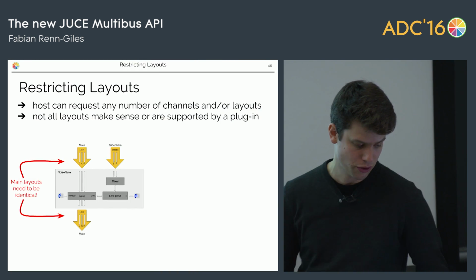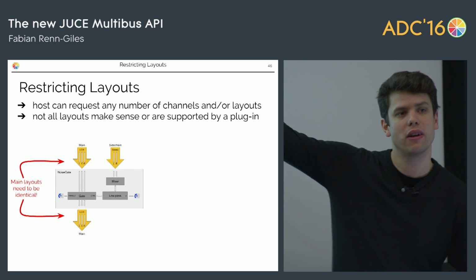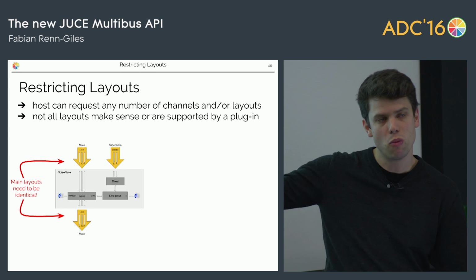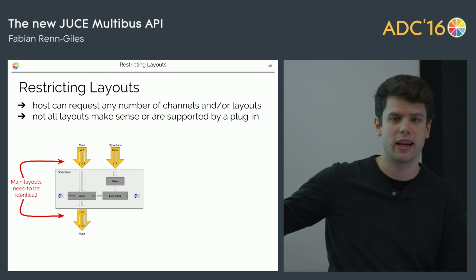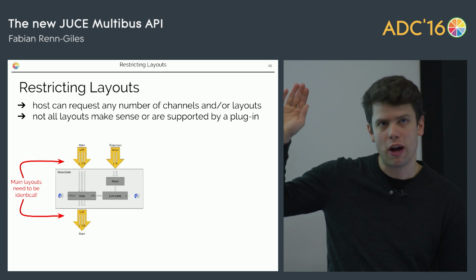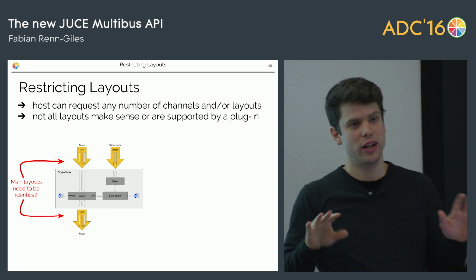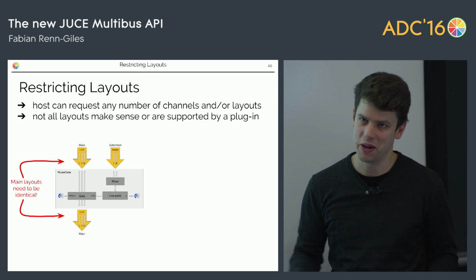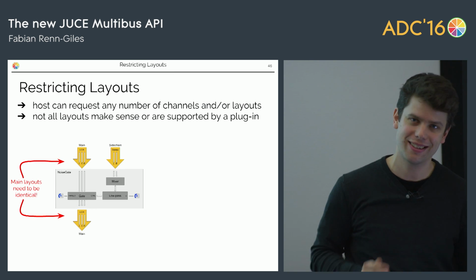So if we look at this inverse noise gate again, it just makes sense that the input and the output bus have exactly the same channel layout, right? And this is more restrictive than the number of channels. You really want 5.1 to be on the input and the output, which has 6 channels, but 6.0 also has 6 channels. But you really want the input and the output bus to have exactly the same layout.